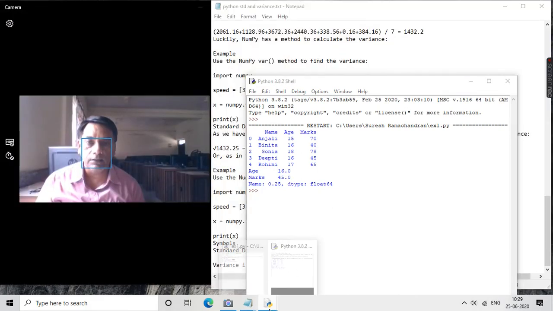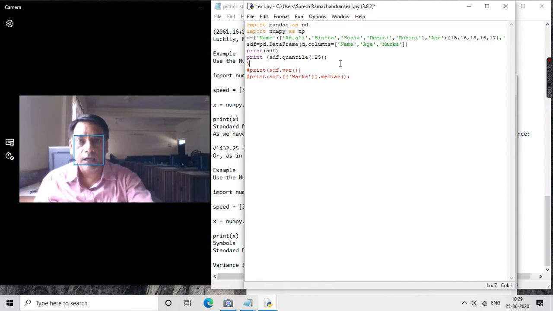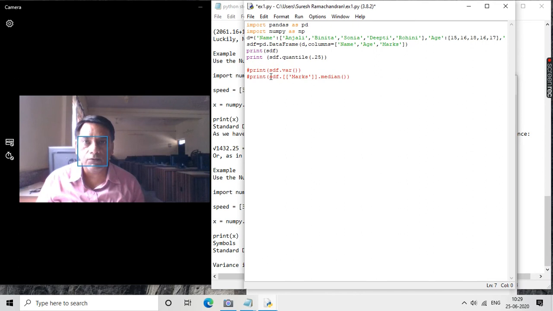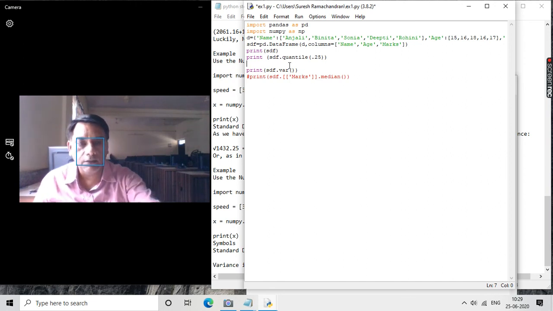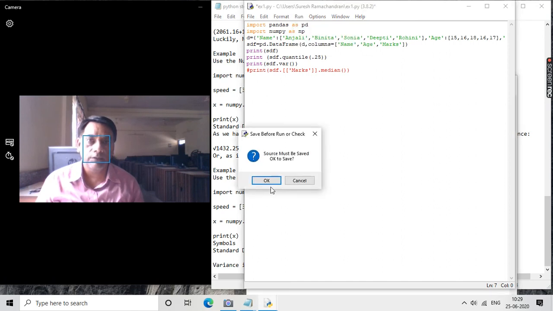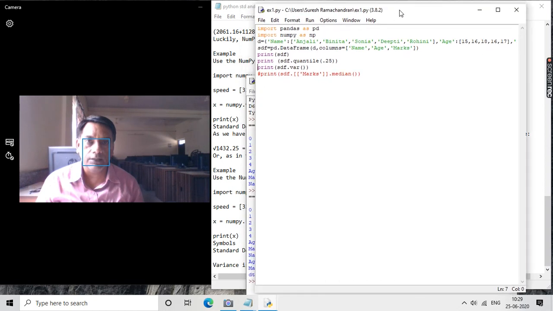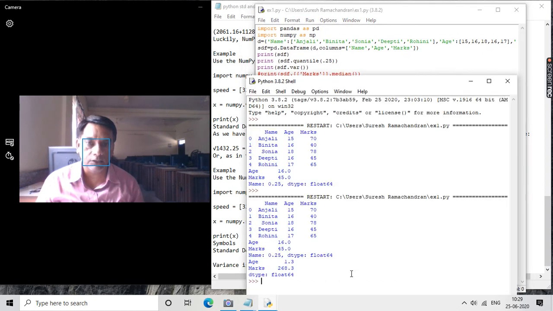So I just write here quantile, and if I suppose write here variance, it is going to calculate variance also. And I just want to run this program. You can see it is going to calculate variance. In this window, the variance for age is 1.3 and for marks is 268.3.